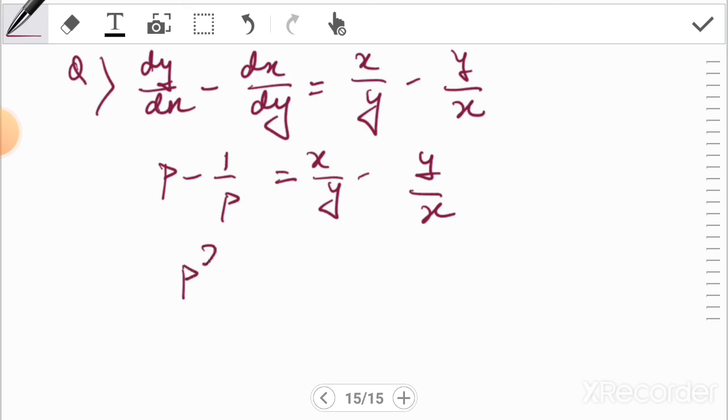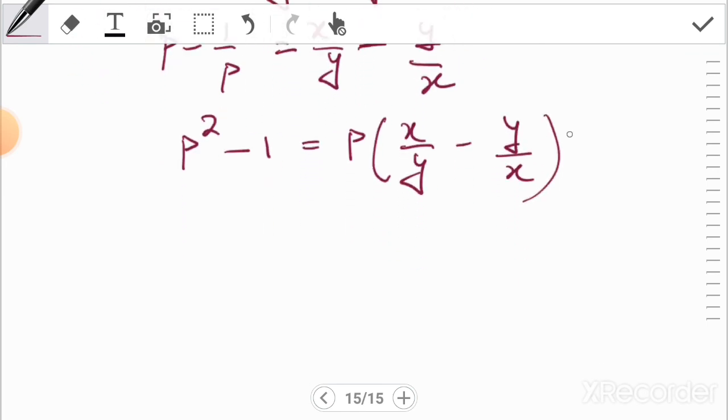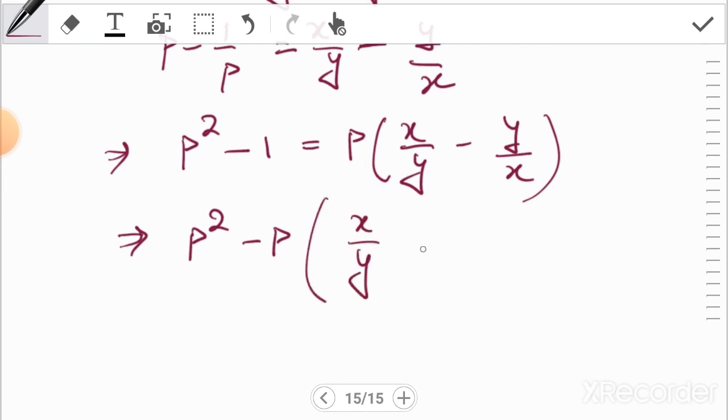So which is p square minus 1 is equal to p times x by y minus y by x, so this is a quadratic equation in p: p square minus p times (x by y minus y by x) minus 1 is equal to 0.